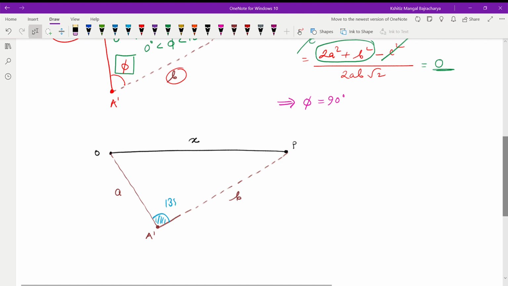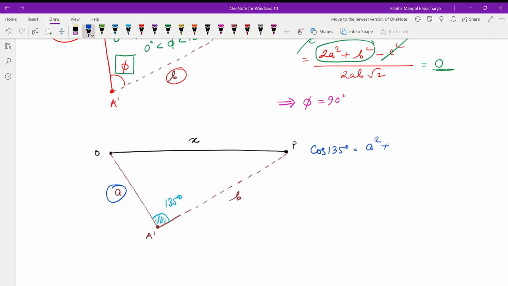So this angle is 135 degrees, which means using the cosine law, cosine of 135 degrees will be equal to a squared plus b squared minus x squared over twice ab. Cos 135 is equal to minus 1 by square root of 2.